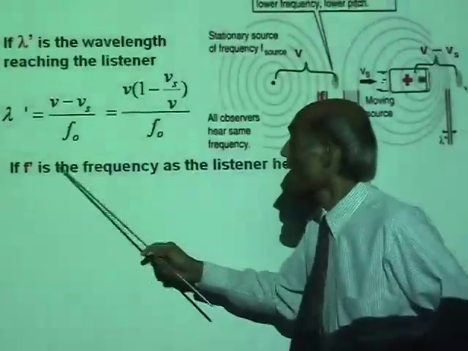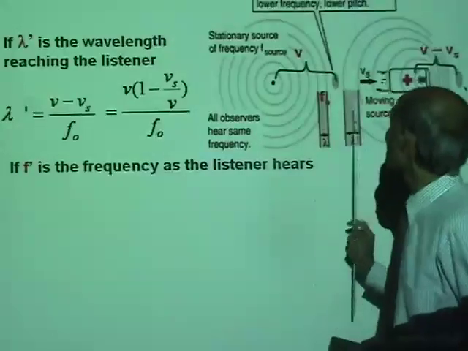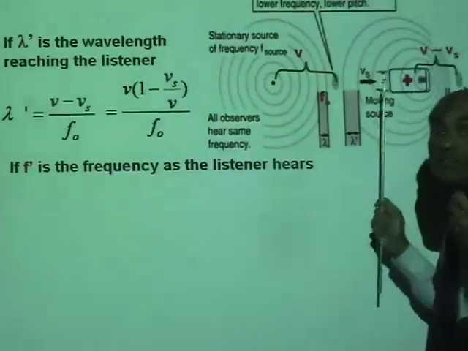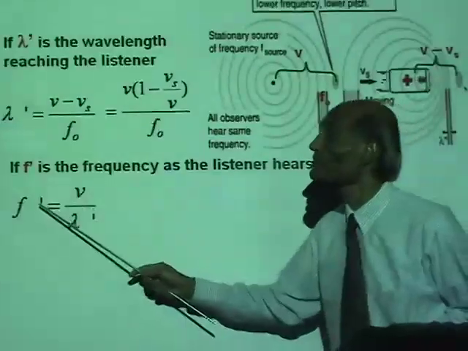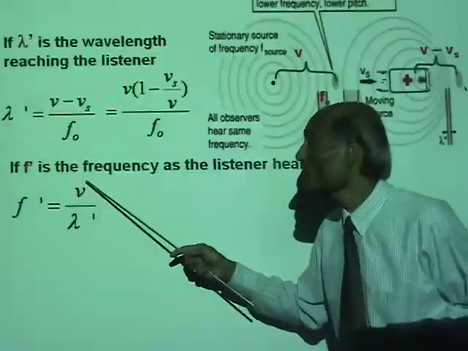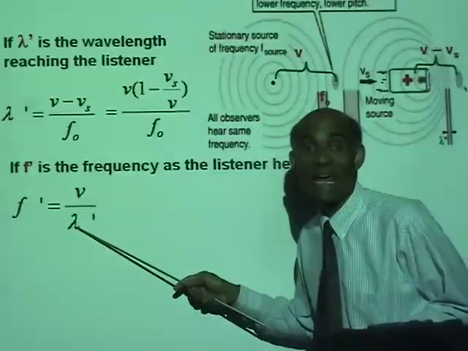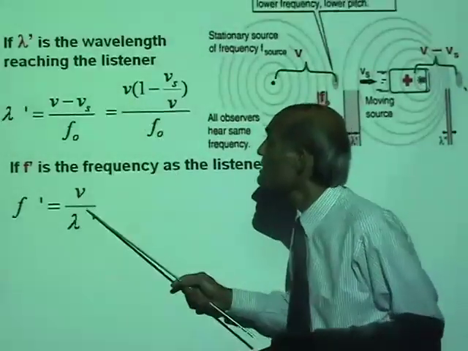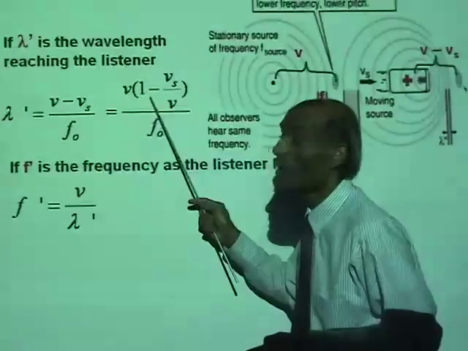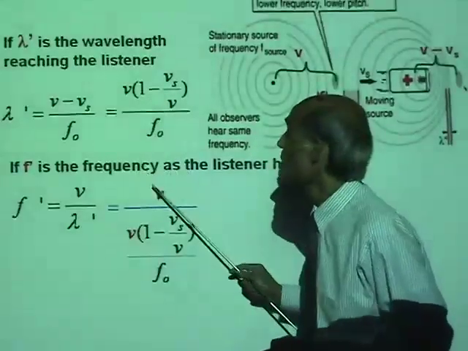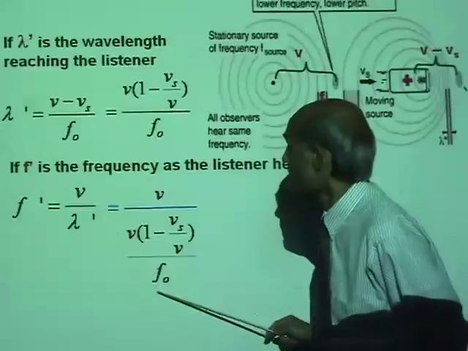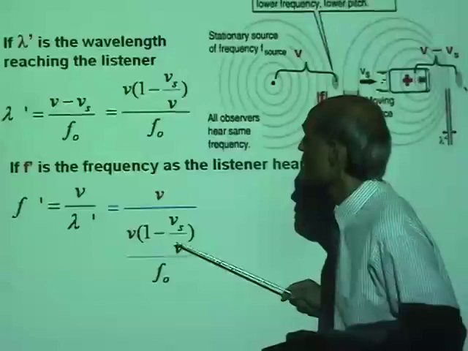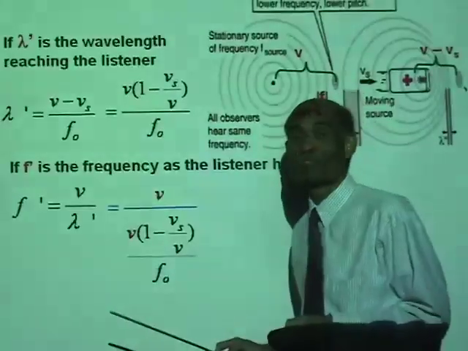Now, if f prime is the frequency that the listener hears, what will be f prime? F prime will be v divided by lambda prime. And lambda prime is this, so let's replace lambda prime by this quantity. That would be v divided by [v times (1 minus vs over v) over f0].